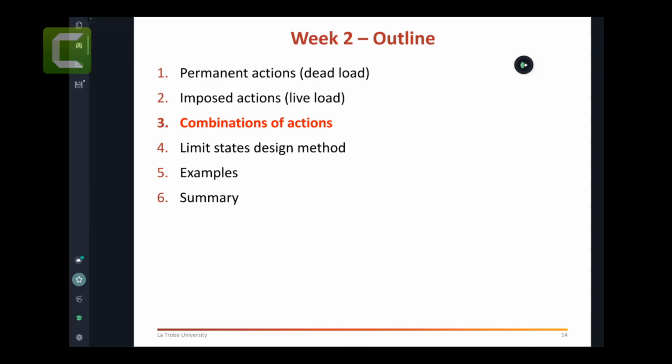It's all about how we mix the loads together. Okay, there are factors, and there's a bit of story about those factors, which I will take you through. But the main thing you need to know is from where to read these combinations and how to apply them. In terms of doing the calculations on your calculation sheets, it's only one or 2 lines a step. It's not a big deal.